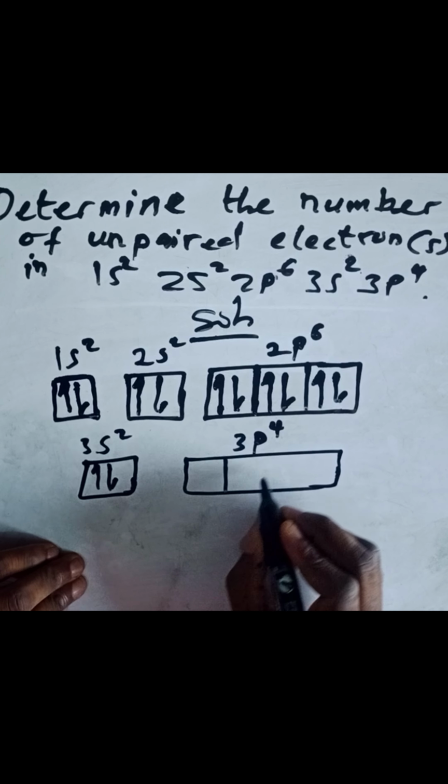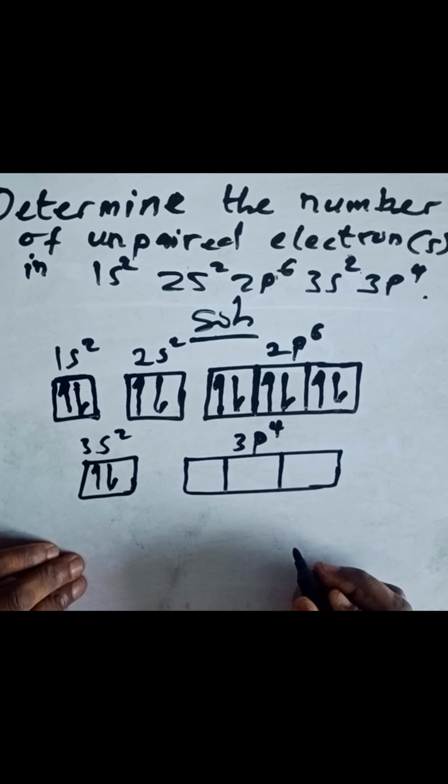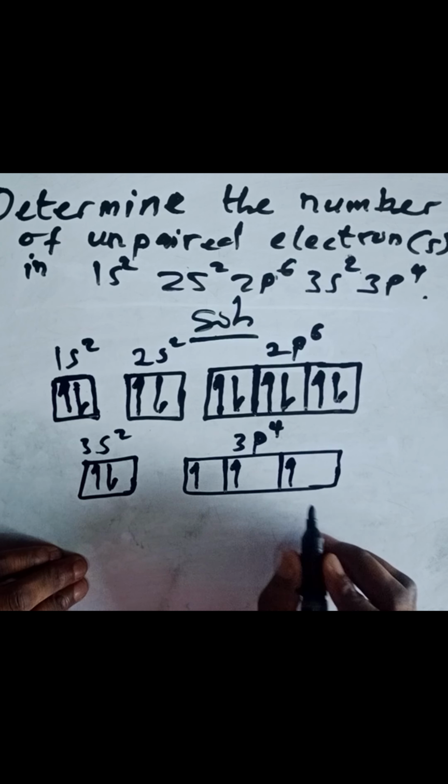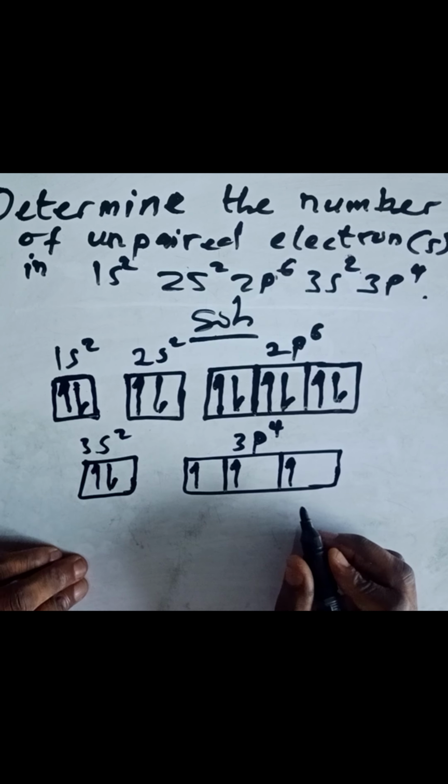Our p orbital is threefold degenerate, so we have 3 sub-orbitals in there. Now following Hund's rule, we are going to fill those orbitals one by one first. We have to fill it singly, and after that we start pairing up the electrons.